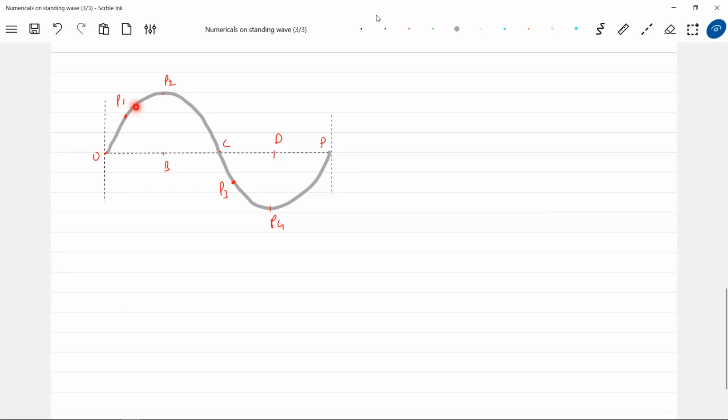Now, what is the net flow of energy in the region OC? There's a string itself. Instead of asking that, I'm trying to compare this with the region OP1. So shall I put it like this, dotted? Not only this, you can pick up all these regions, all that dotted regions, P3, P4, P5.